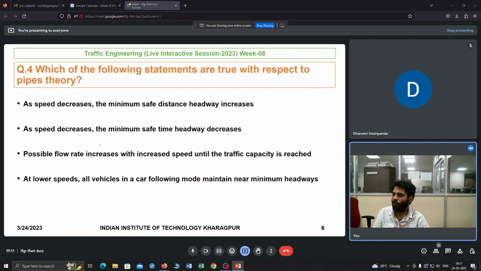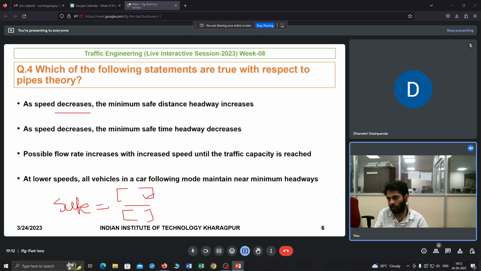Then, which of the following statements are true with respect to Pipes theory? Pipes theory is based on the safe distance between two vehicles, which depends on speed.